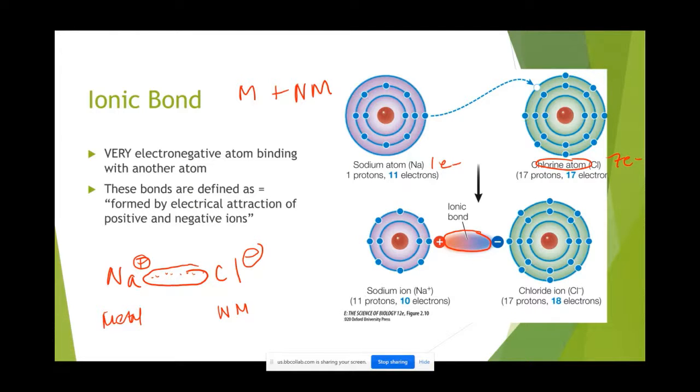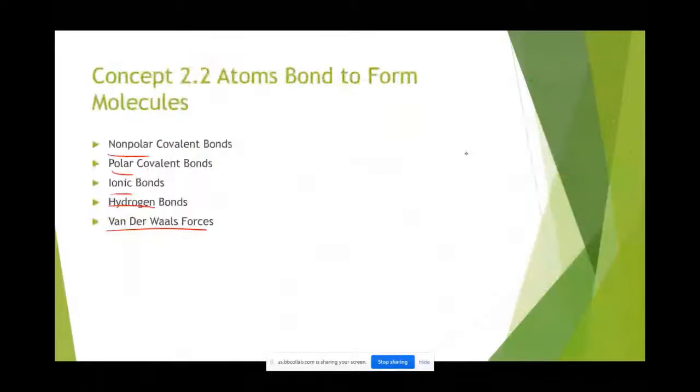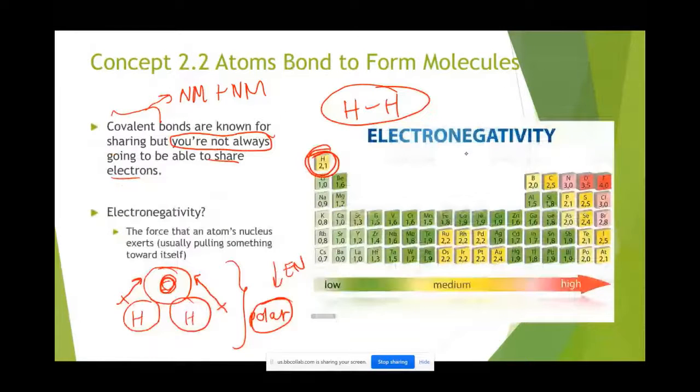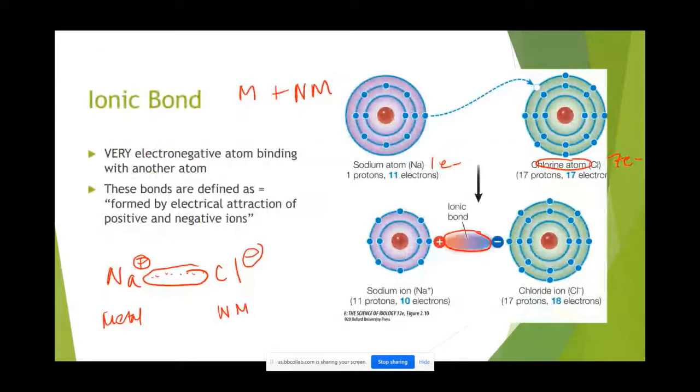If you go back to the periodic table, everyone, chlorine is much more electronegative, and I'll show you. Chlorine is right here, sodium is right here. Chlorine is more electronegative, so it's going to pull. That's why we see this pulling right here. This chlorine is going to pull the electron from sodium and take it.